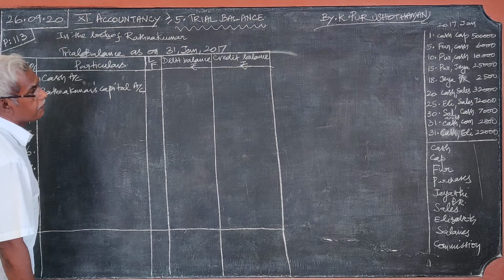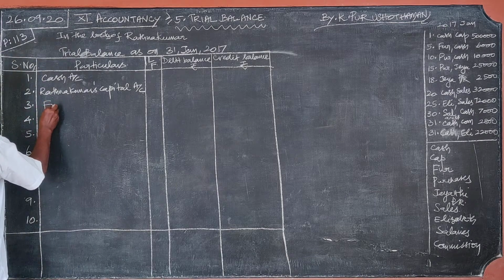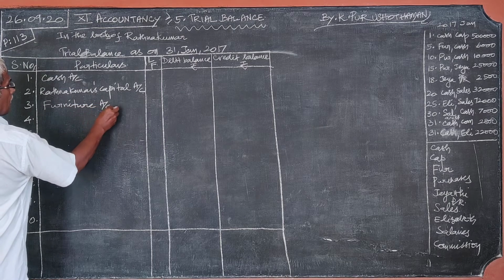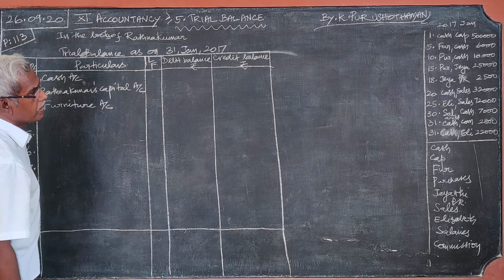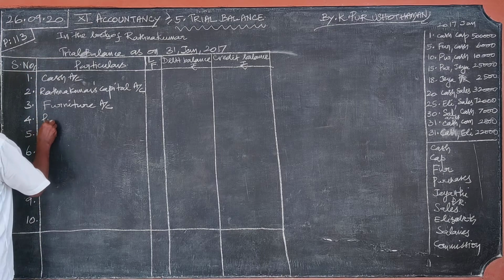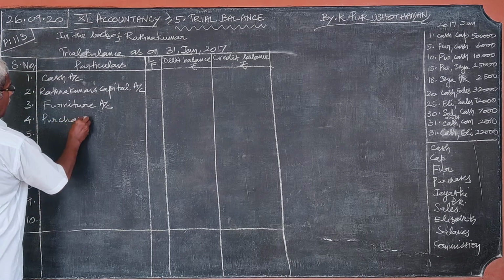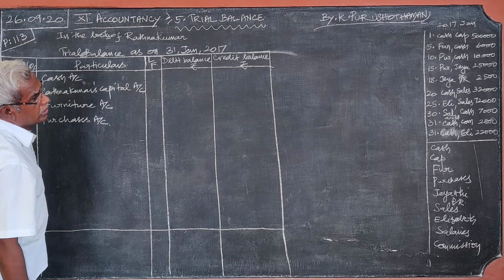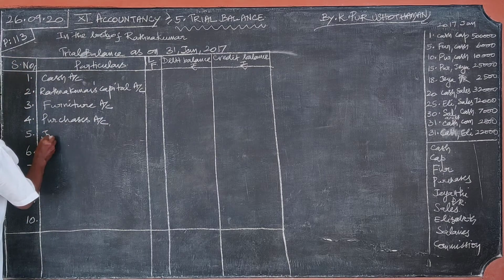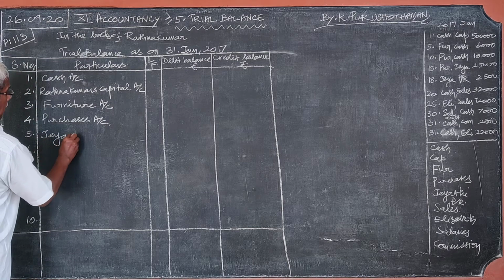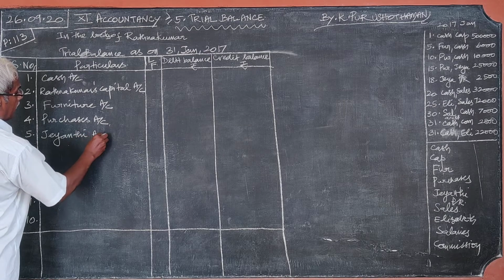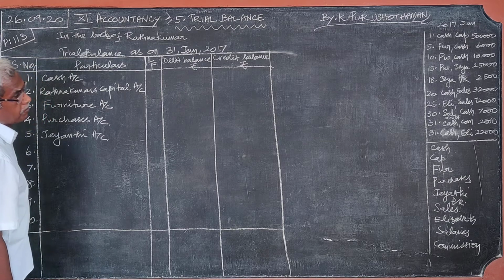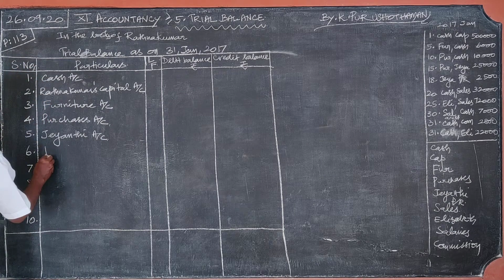Then number 3, furniture account. Number 4, purchases account. Number 5, Jayanti account. Number 6, purchases return account.